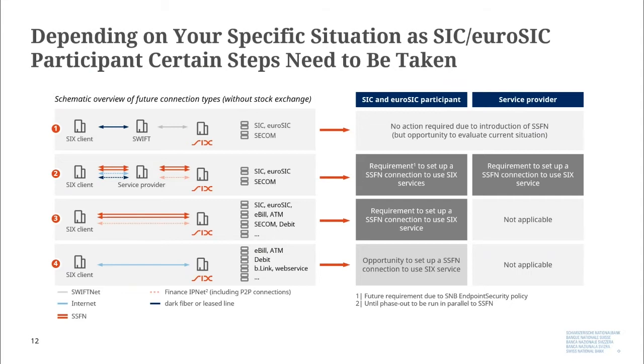I also mentioned that we expect service providers to establish the connectivity to the RTGS via SSFN. And in a second step, with the endpoint security requirements, we will also define that banks which enter their payments via service providers will also base this communication on SSFN in the future, so that we really cover the whole value and payment chain with the SSFN communication layer.